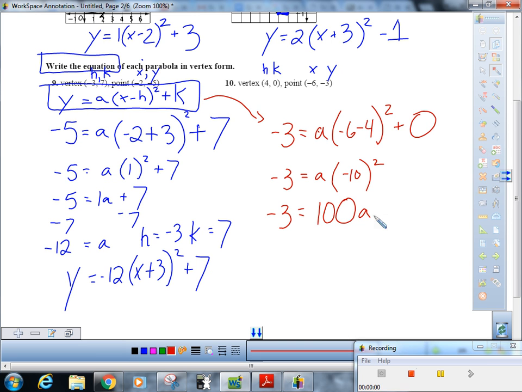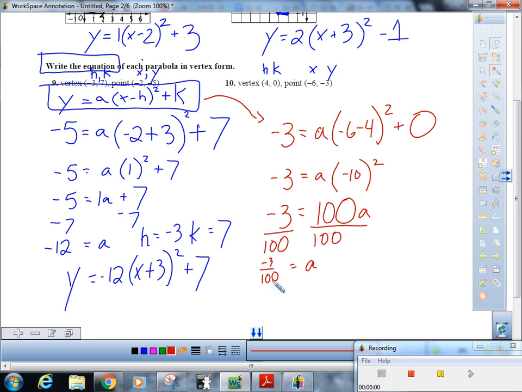What are we solving for? Solving for a. So what do we have to do to each side? Divide by 100. I know this is a totally funky answer, but that's okay. You get a is negative 3 over 100.